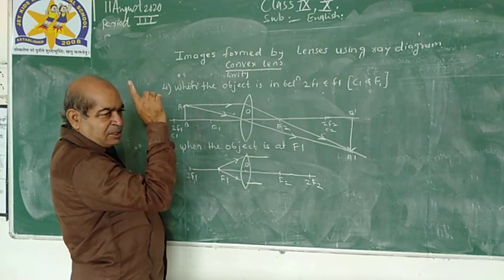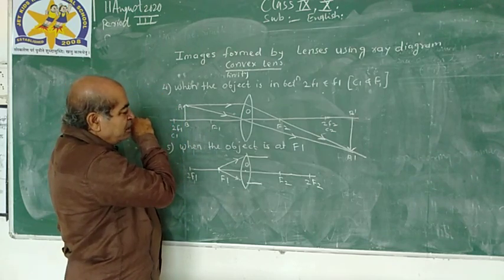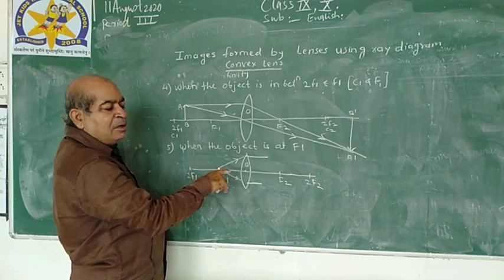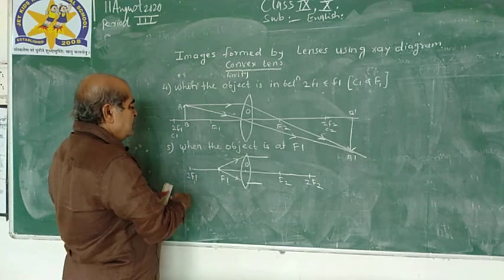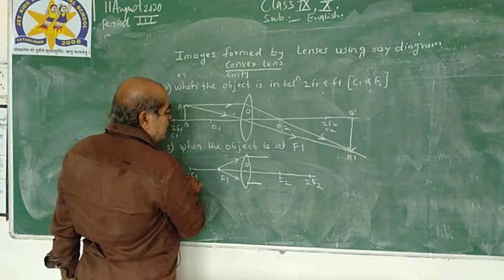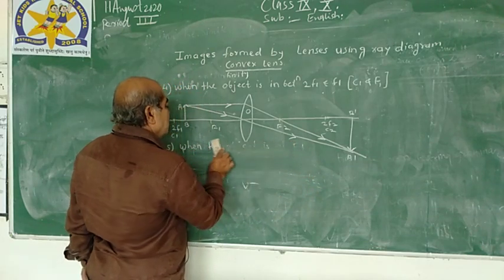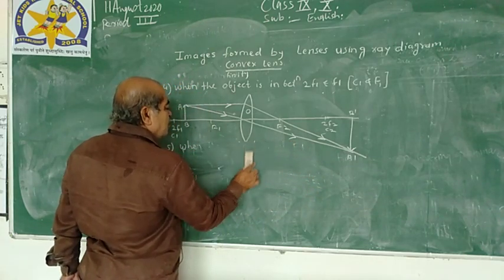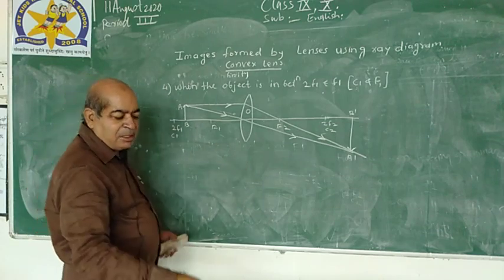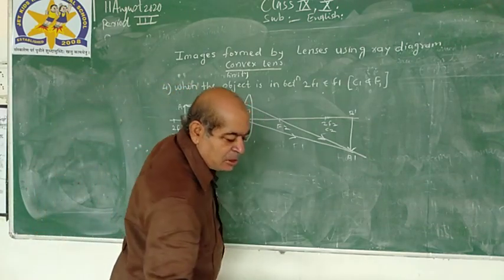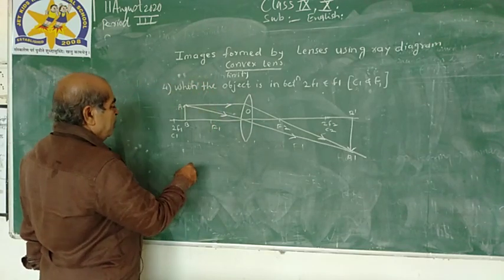That is, in the first case, when the object is at infinity, the image is formed at the principal focus, and in this case, when the object is at the principal focus, the image is formed at infinity. The image formed is highly enlarged, real and inverted.